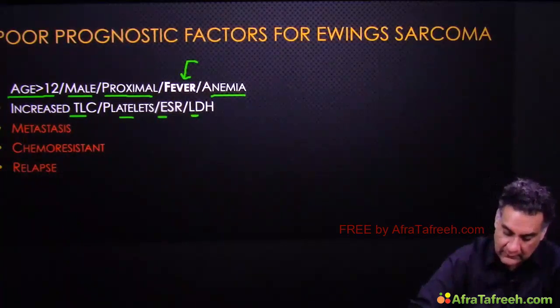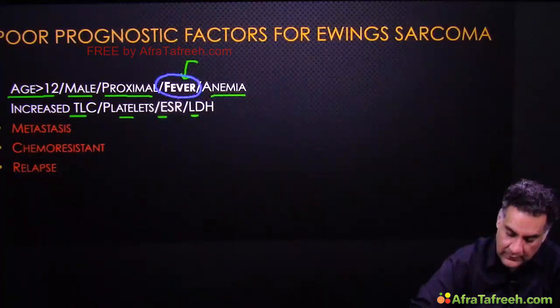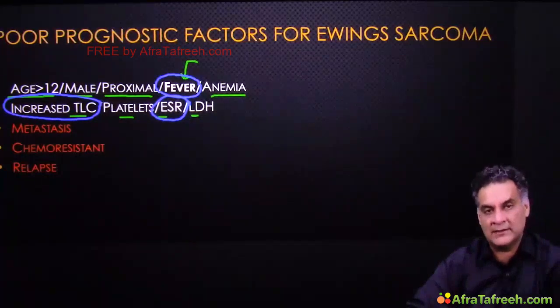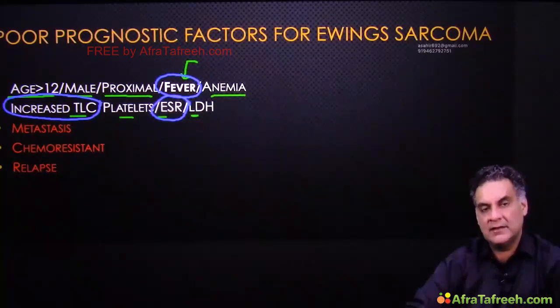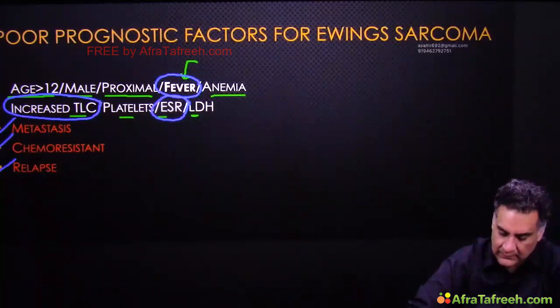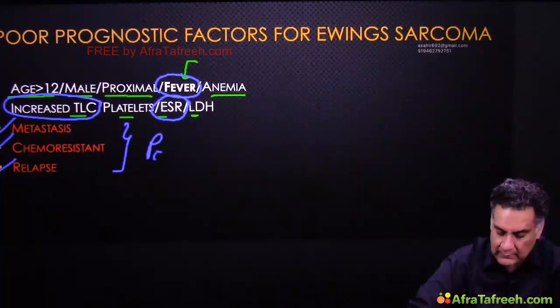When you look at these points, fever, high ESR, high TLC, they all can be present in osteomyelitis. So when Ewing's presents like osteomyelitis, we are already dealing with a poor prognostic Ewing sarcoma. Metastasis, chemoresistance and relapse, these are the three poorest factors.